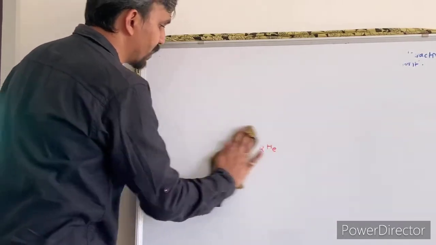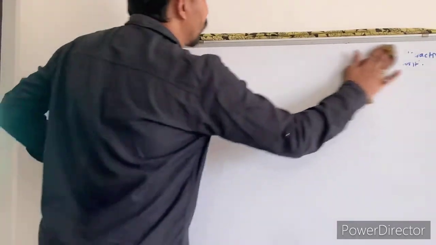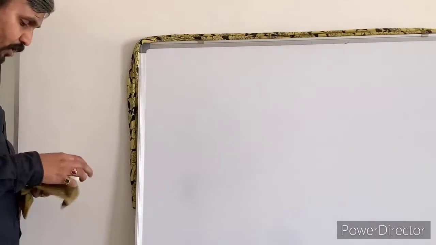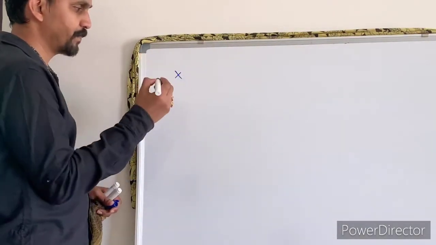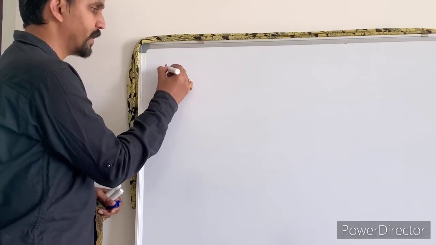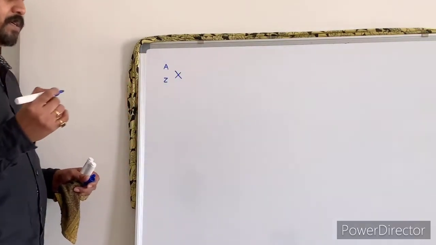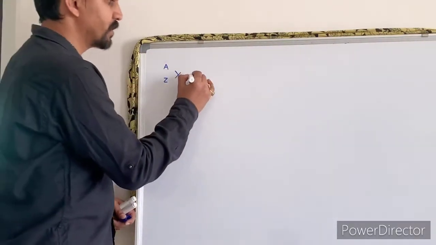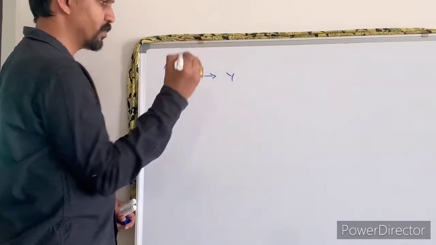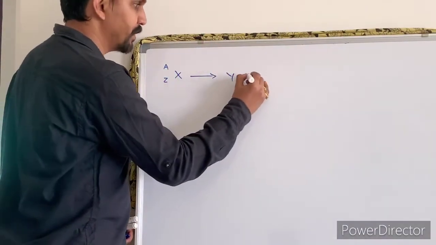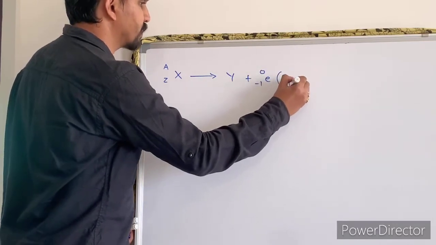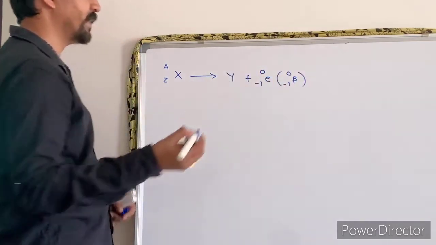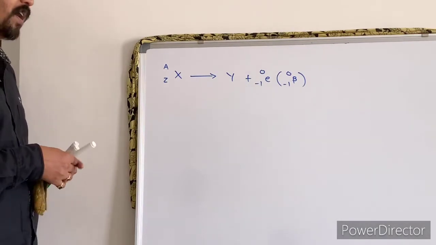What you have done is for alpha. Similarly we will go for beta. For beta, again same, X is my parent element, Z and A are the atomic and mass number respectively. This is my daughter nucleus element formed, plus beta, beta meaning -1E0 or -1 beta 0, whichever way you want to write you can write, it is allowed.